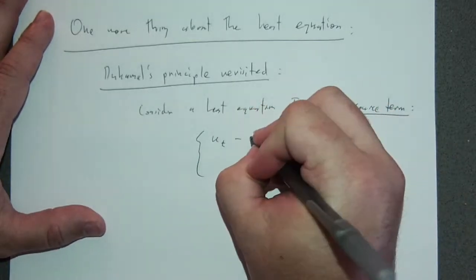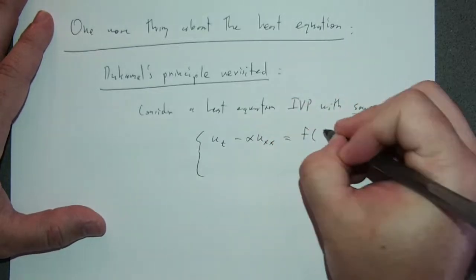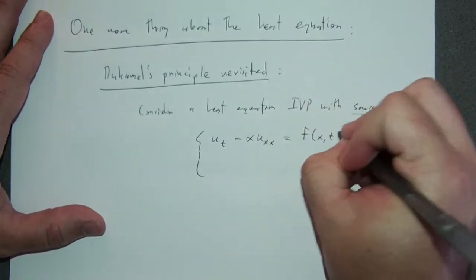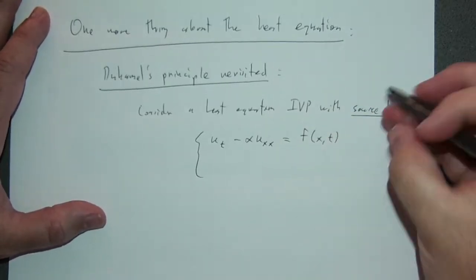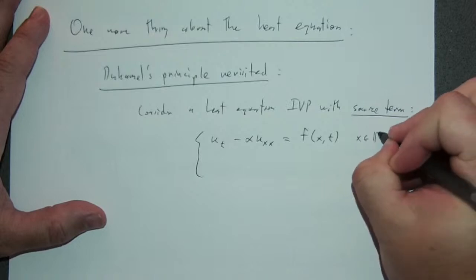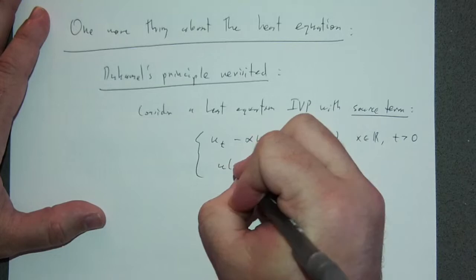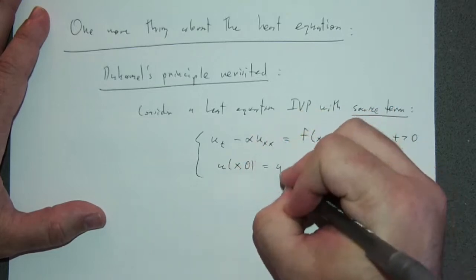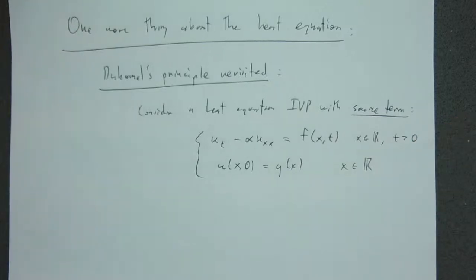So this is u sub t minus alpha u sub xx is equal to some source term, this function little f of x,t, and this is for x in R, t greater than 0. And we have some initial temperature distribution g of x.